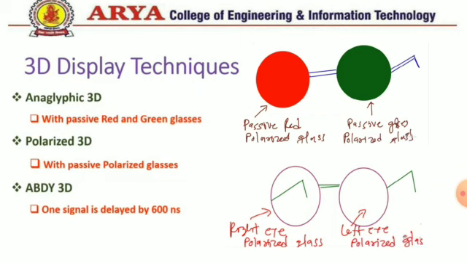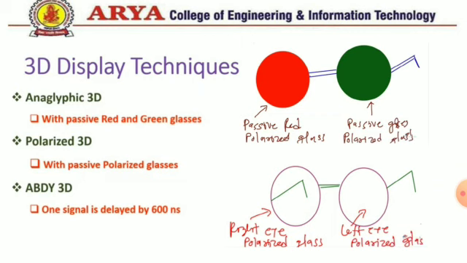And here we do not use the blue color, so by separating red and green color through these two glasses, red and green, for the left and right eye, we are able to create a 3D image.